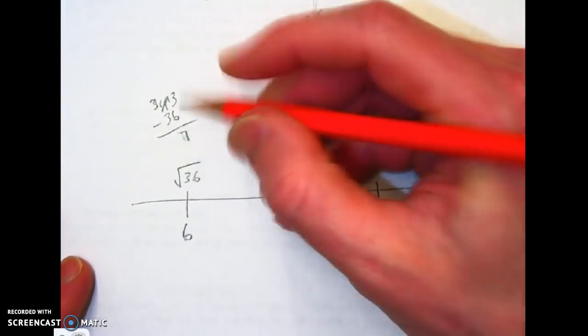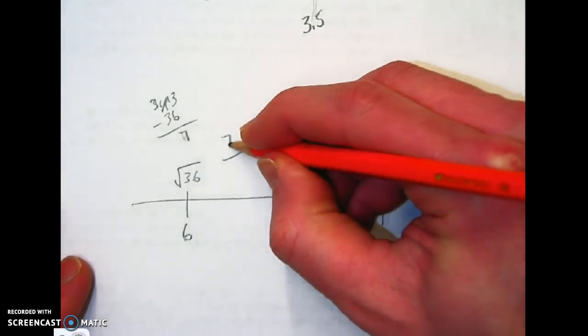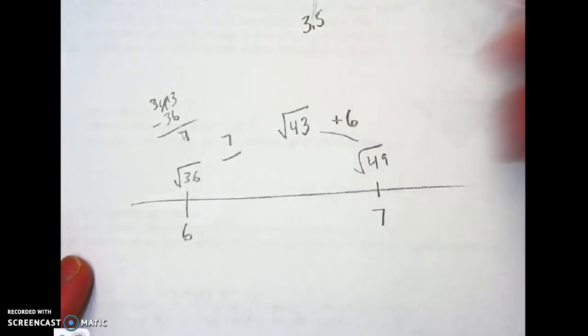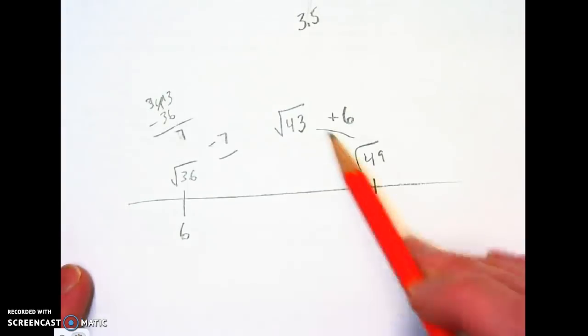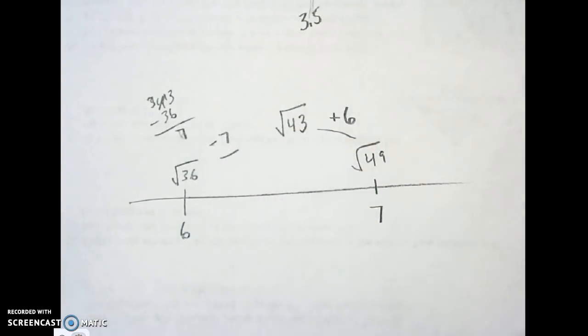So it's 7 numbers away. You have to go 6 numbers up, and you have to go 7 numbers down. So this is slightly higher than the middle.